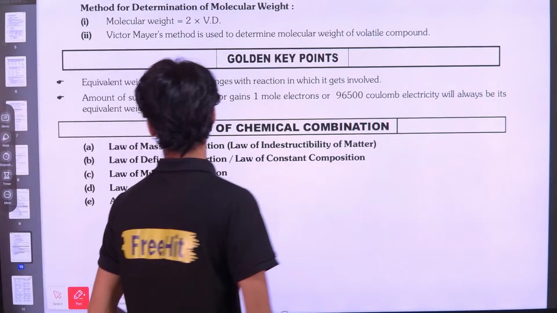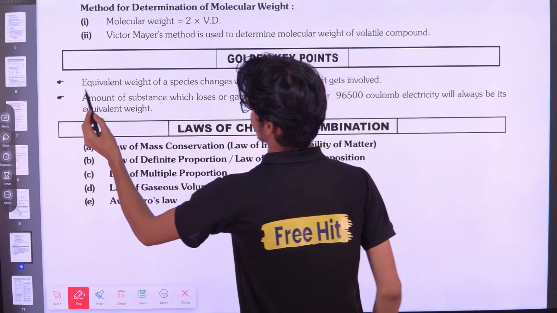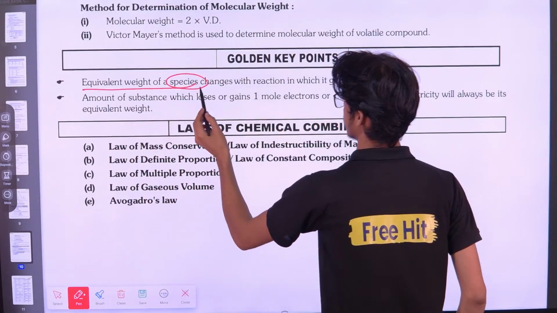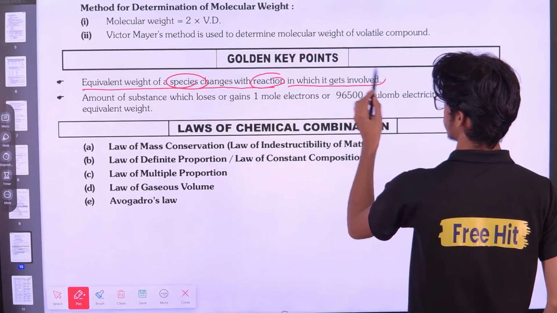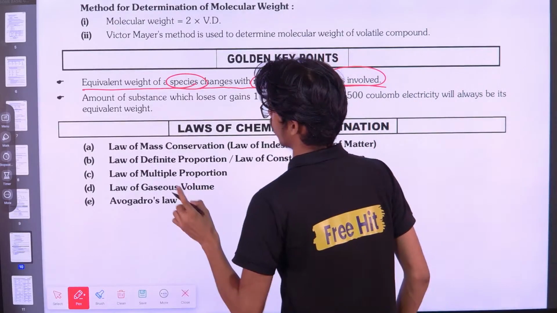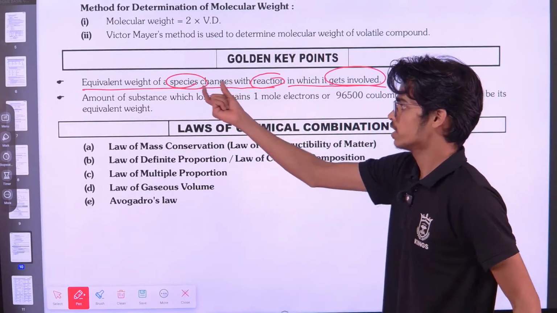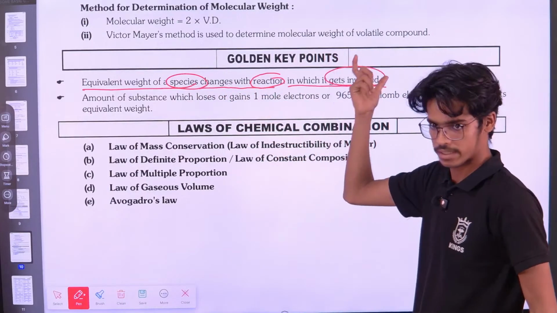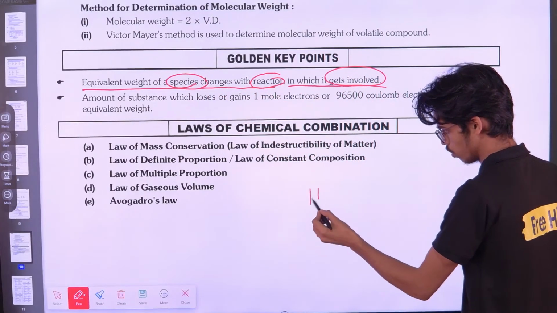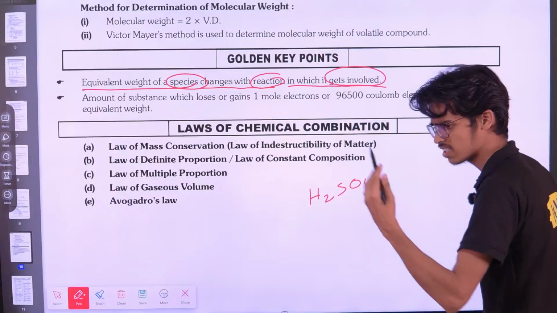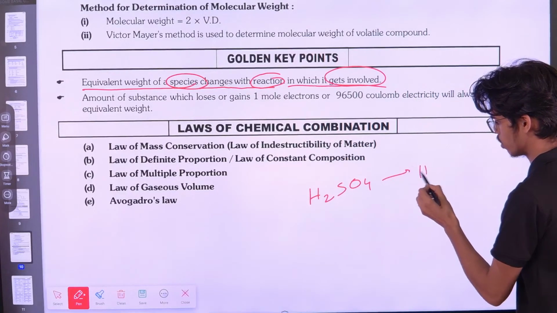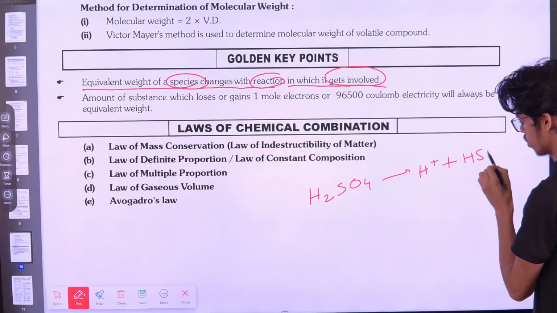The golden key points: equivalent weight of a specific species changes with the reaction in which it gets involved. So H2SO4, in some cases it will give only one H positive, right? Yes or no?